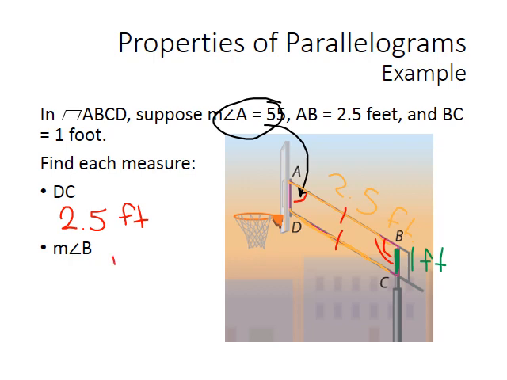So we just need to figure out 180 minus 55 to get angle B. 180 minus 55 is, sorry, 125 degrees for angle B, which makes those consecutive angles supplementary, keeping with those properties of parallelograms. All right, your turn. Find the measure of angle C.